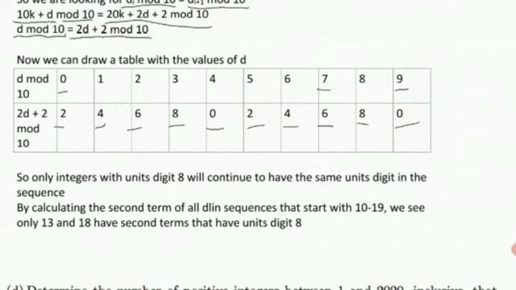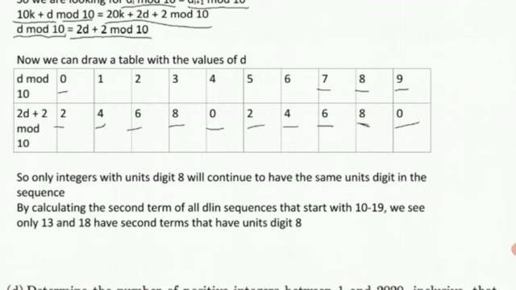And we observe here that only the digit 8 has the same value in d mod 10 and 2d plus 2 mod 10. Meaning that only when the second term of a d-length sequence ends in an 8, then that sequence will have the same units digit from the second term onwards.